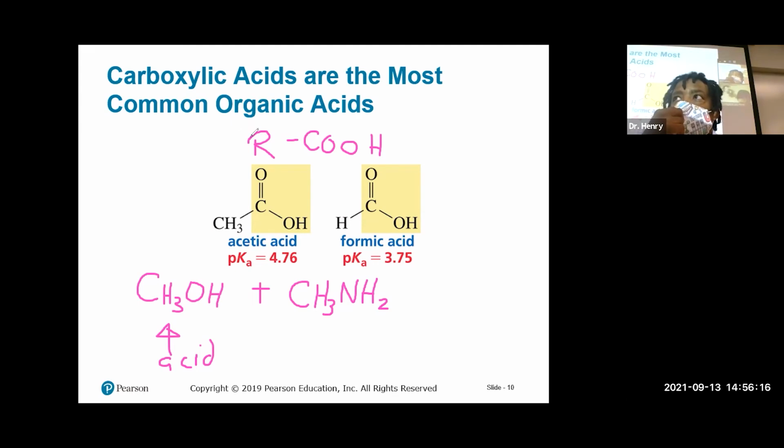So carboxylic acids will fall in the weak acid range, with pKa's around 3-ish to 5-ish, somewhere in there.